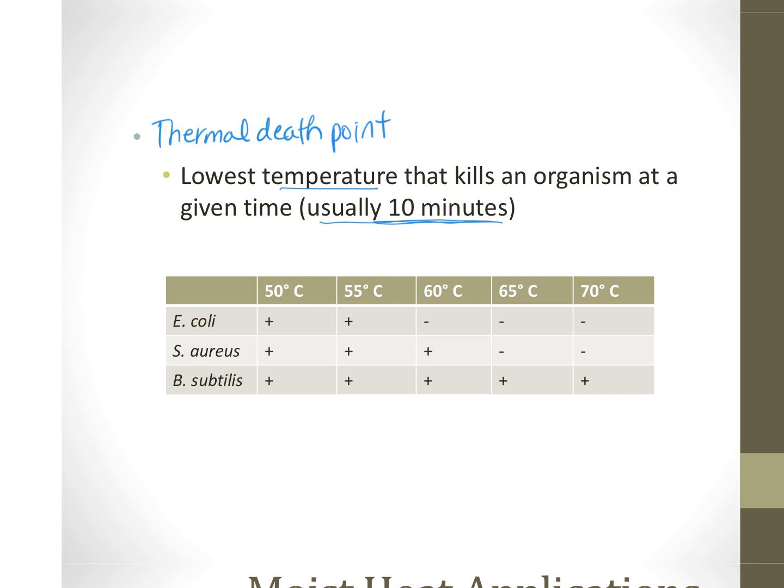So here, the thermal death point for E. coli would be 60. It's, again, the lowest temperature that kills. For Staph aureus, with this data I made up, it would be 65. And for Bacillus, again, greater than 70 degrees Celsius.